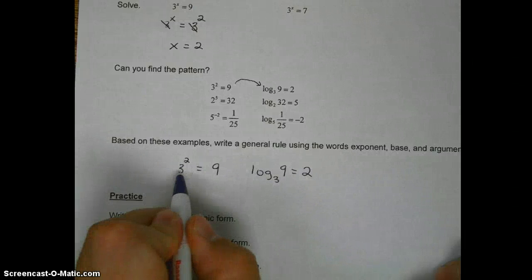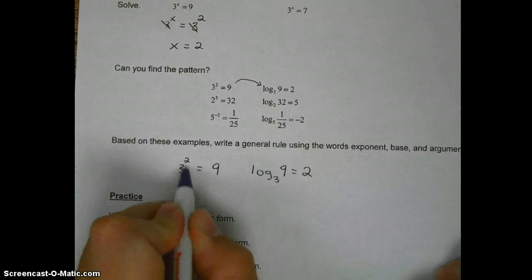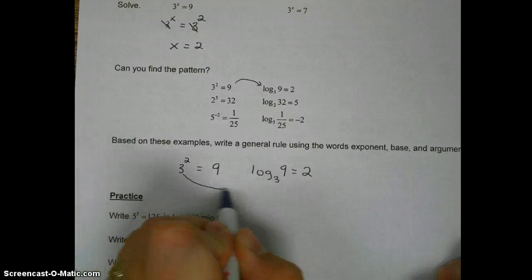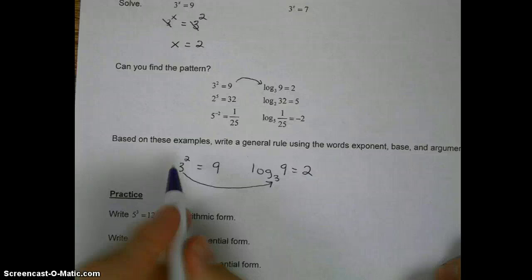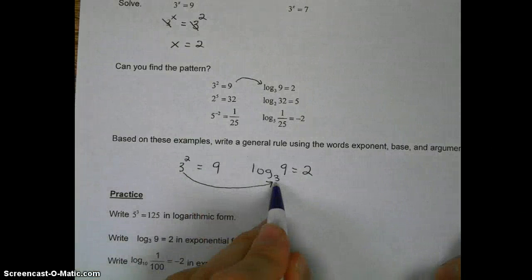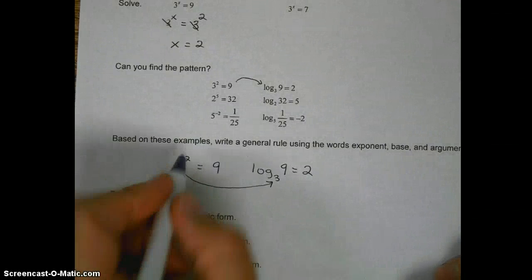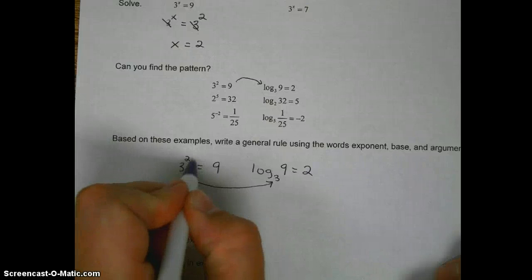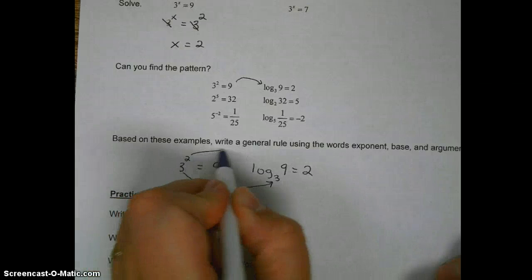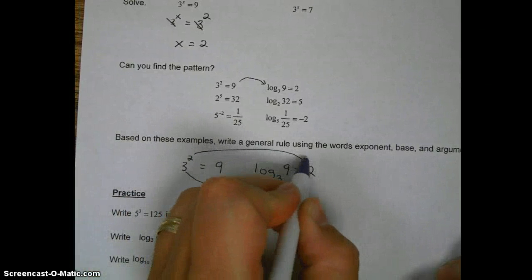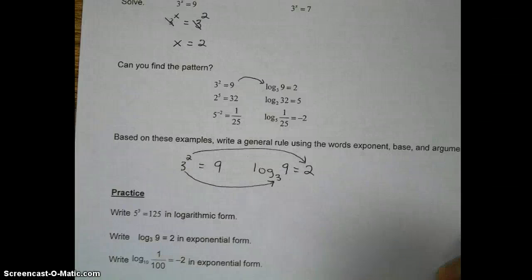Notice that the base of the exponential, the 3, became the base, the little number on the log. The base of the exponential became the base of the log. The exponent on the exponential function became the answer of the logarithm.